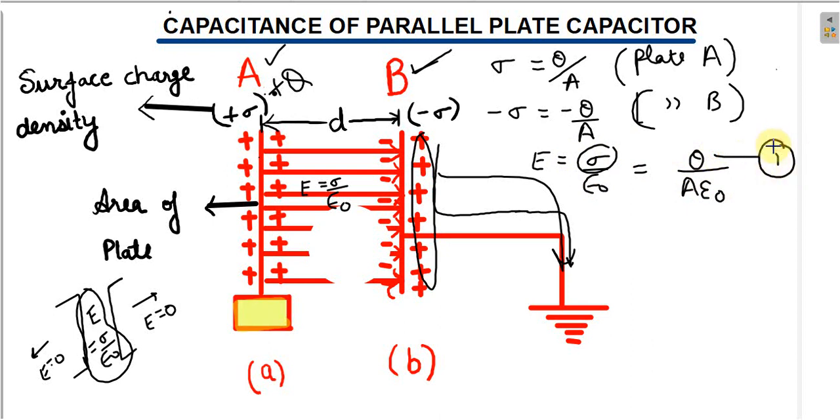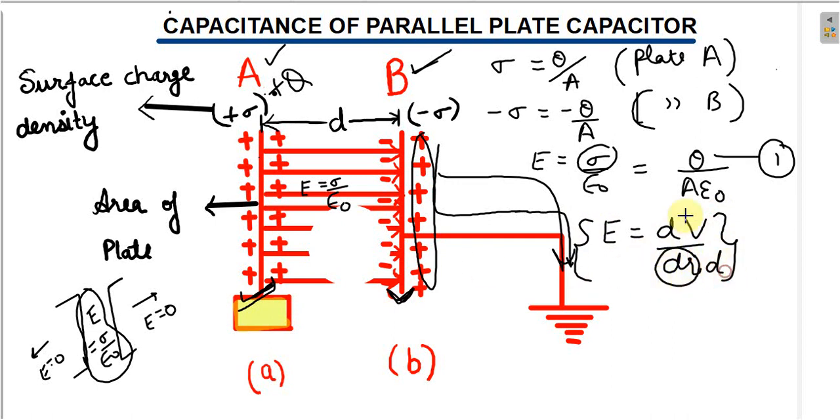And similarly, now we have to find the potential difference. What is the potential difference developed across the two parallel plates of the capacitor? So we know this formula from the potential gradient. We know E is equal to dV by dr. What is your dr? Dr here is your distance d. And what is dV? That is potential.